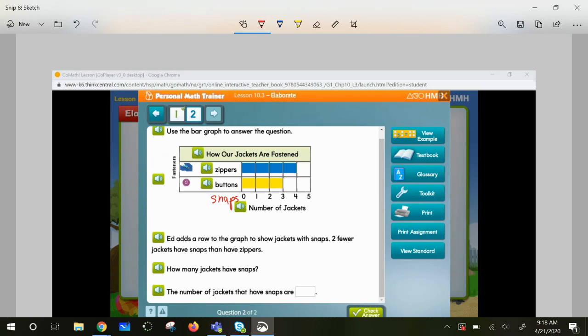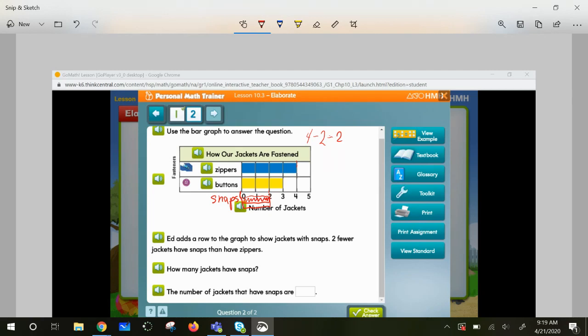And there are 2 fewer jackets have snaps than zippers. So zippers has 4. 4 minus 2 equals 2. So snaps is going to be colored just like this up to the 2.